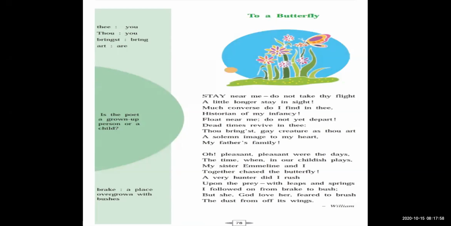The poet requests the butterfly to stop for a while because much converse do I find in thee. The poet wants to speak with them. The poet wants to speak with butterflies. He wanted to share his childhood memories with us.